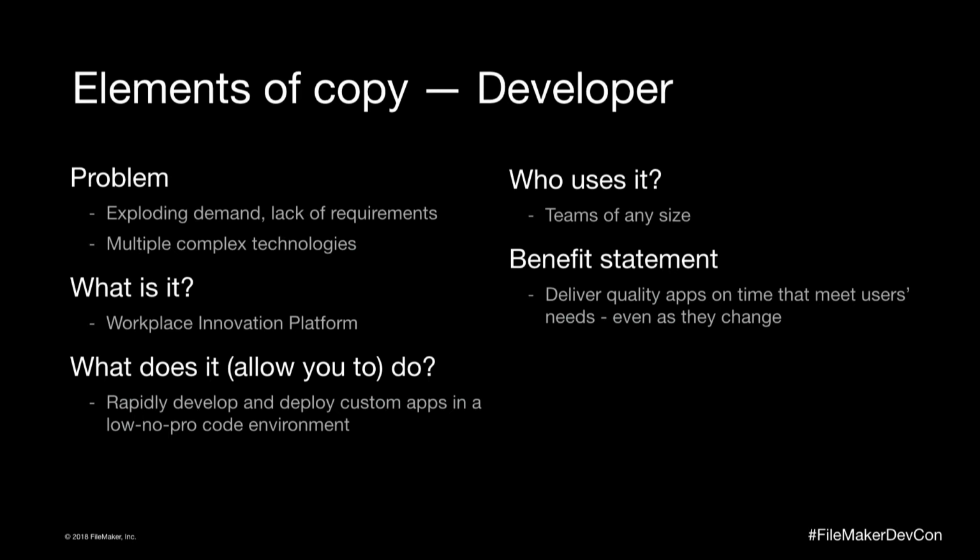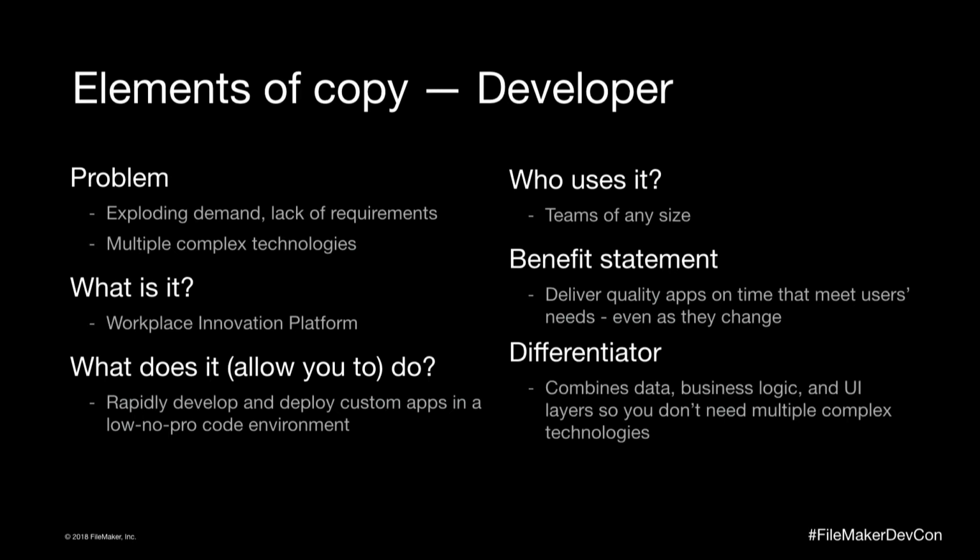They can create quality apps for their users that meet their users' needs, that they can deliver on time, and that they can change as they need. And then the differentiator for a developer is more the fact that FileMaker is a unified stack, right? So it combines the business logic, data, and UI layers into one, so that people don't have to use multiple technologies. So you can see how the content is very similar, but it's messaged a little bit differently for the business manager versus the developer.